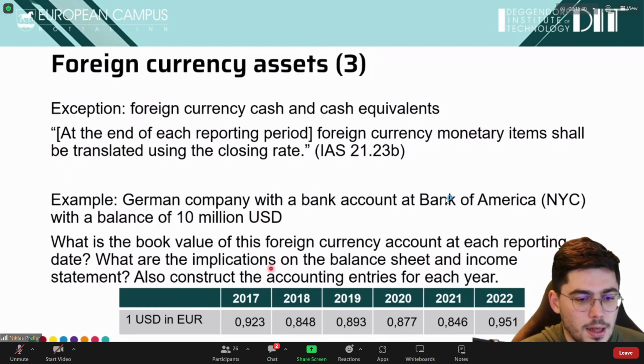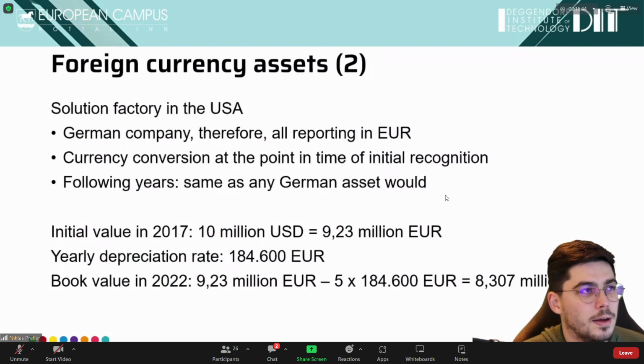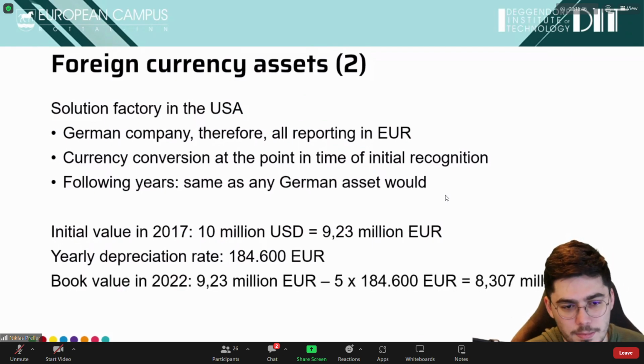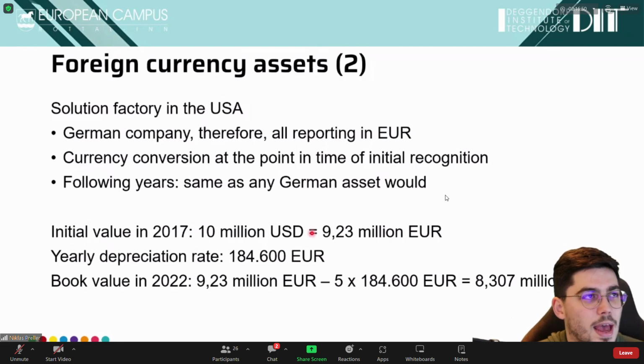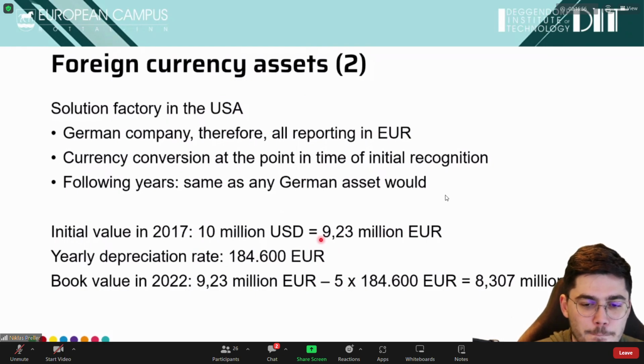For example, at the end of 2017, just like in this example here. So we have the initial value at the end of 2017 at 9.23 million euros. But would it now be practical to keep it on balance at 9.23 million euros?